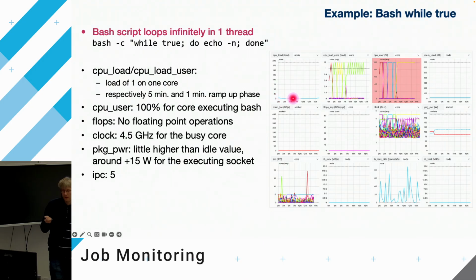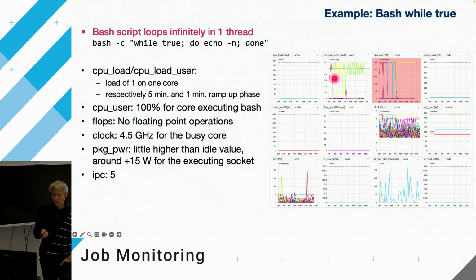And we have here in the load per core metric a value of 1. And we see there's a certain ramp up phase, 5 minutes or 1 minute per CPU load core for the load, because it then depends on what happened before your job on the system. So it influences a little bit the first samples of these measurements of your job.